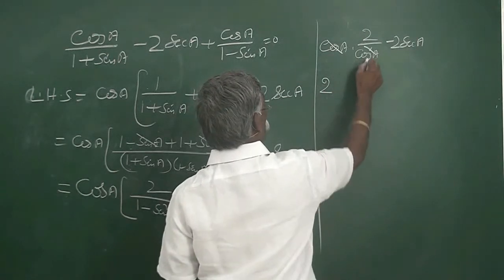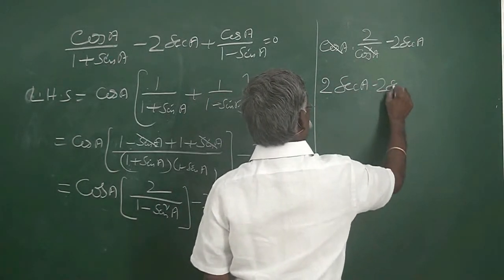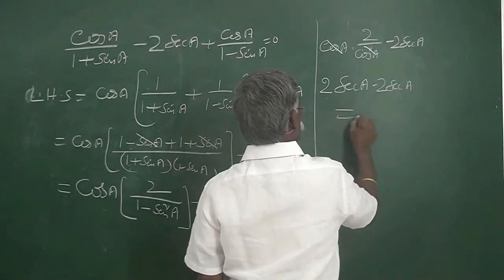Therefore, 2 into 1 by cos is secant A, minus 2 secant A. This is 0.